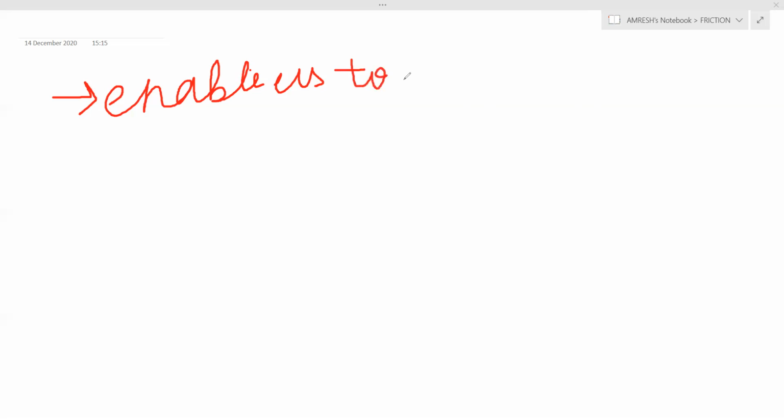If there had been no friction, we would not have been able to walk on road. Why? Because our leg would have slipped on road. Because of friction only, our leg does not slip on road.